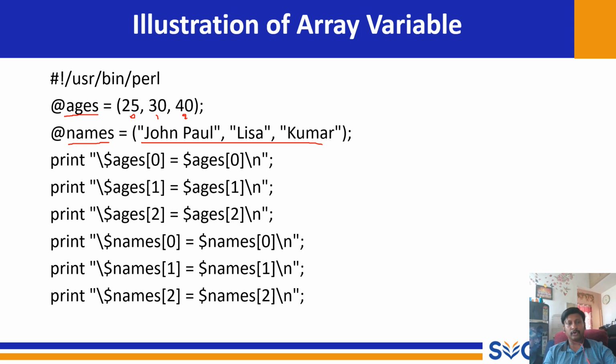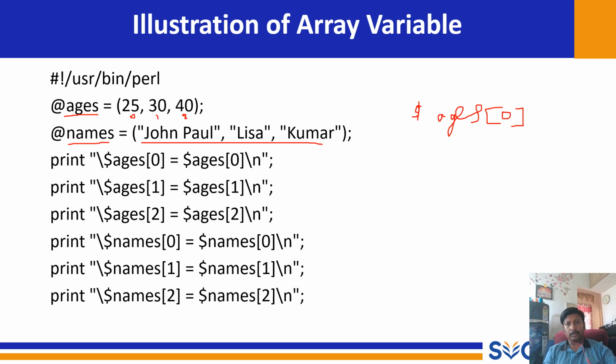If you type print dollar ages of 0, then you get the first value, that is 25.